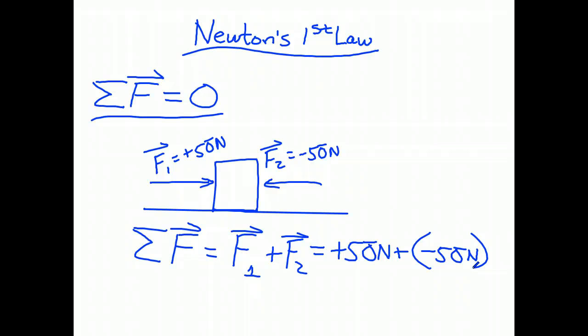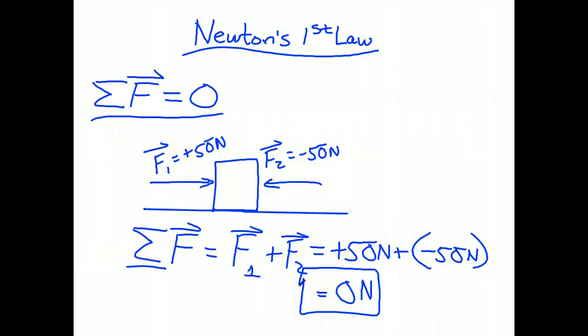You could do that, but remember, this sigma means the addition of all the forces. That's why I like to put this addition sign here. And then if we add those up, of course, that'd be equal to 0 newtons. That is actually the very basic example for Newton's first law.